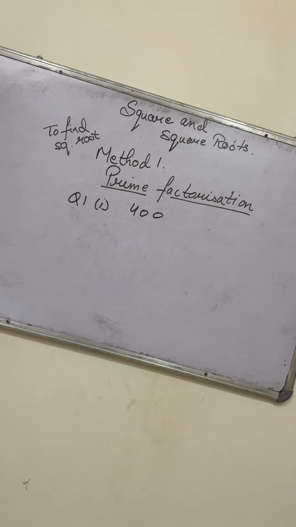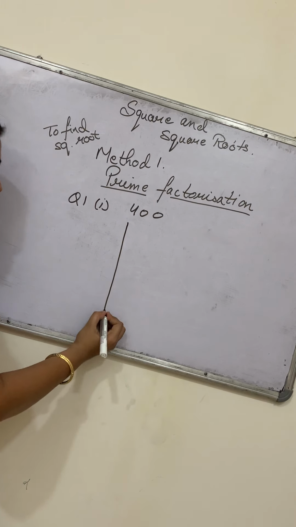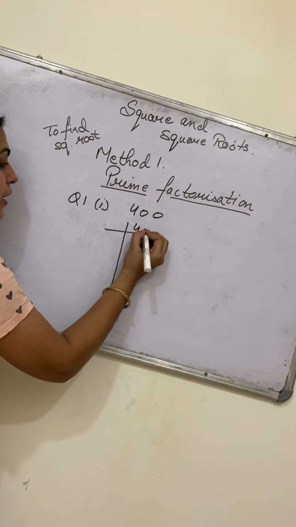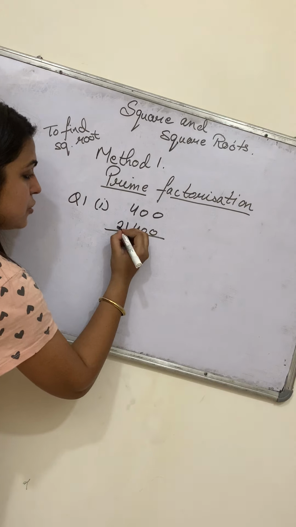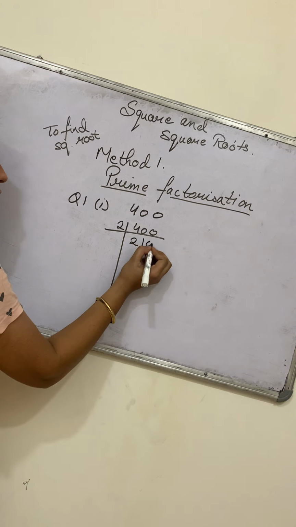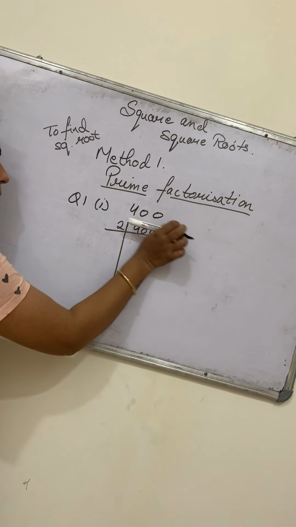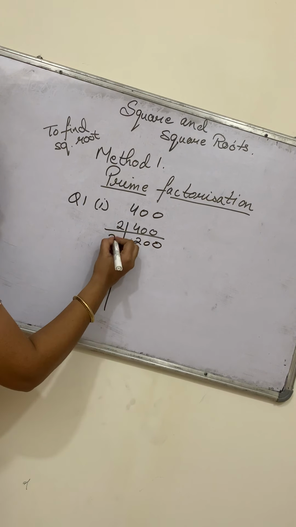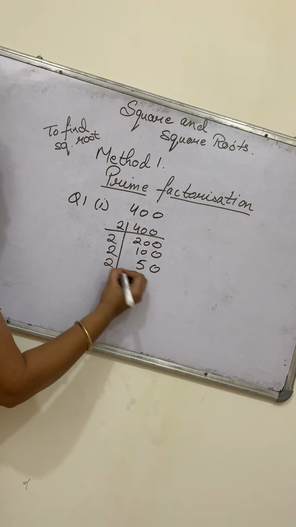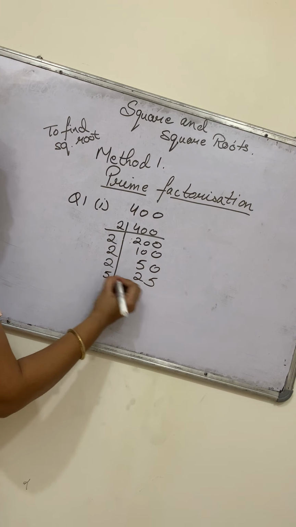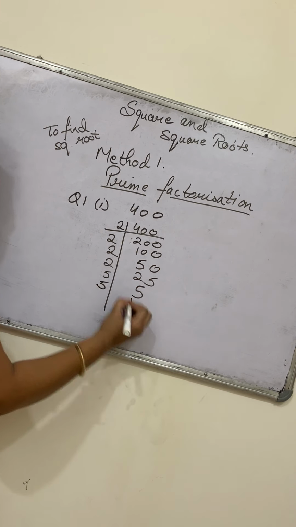Okay? So prime factorization is what kind of method? See, this is 400. We are going to find the factors of 400, right? So how we are going to do this? 2 2s are 4, 2 2 5s are 2, 25, 5 5s are 5, 1s are.